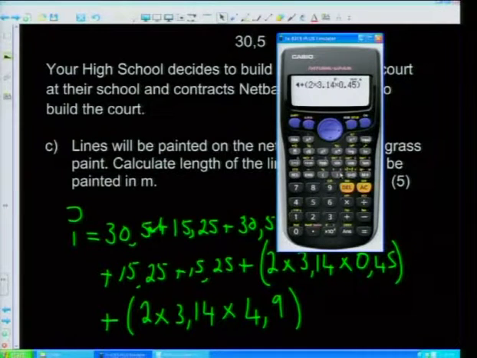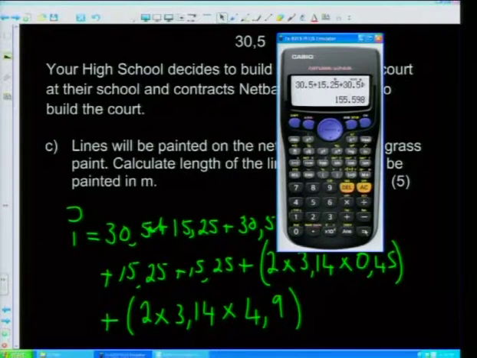Close this bracket, and to that we're going to add the other two little semicircles, which we made one circle. So we're going to say plus 2 times 3.14 times 4.9. Close our bracket, equals, and guys, here's our answer.